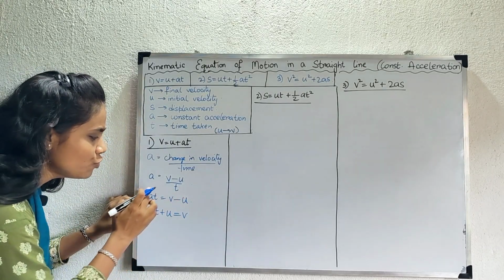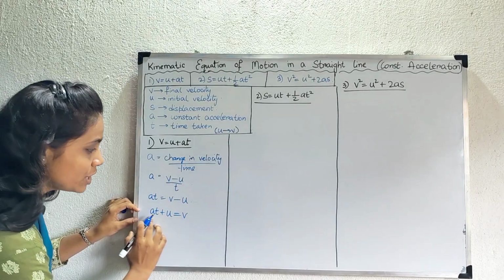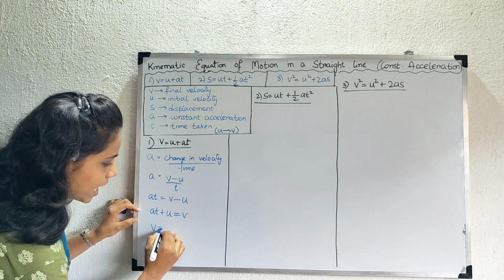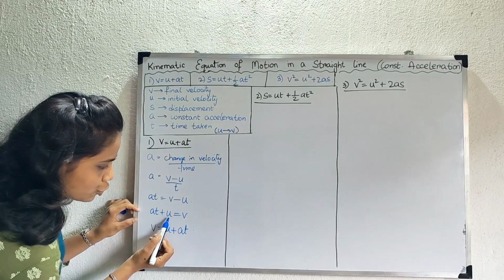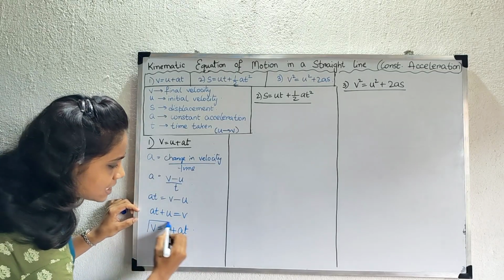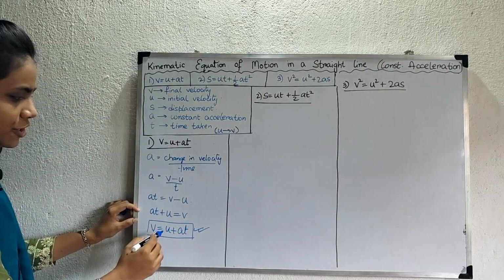So if it is moved to this side, the sign will change to plus. Now rearranging this equation, we can write v equals u plus at. So this is the first equation.